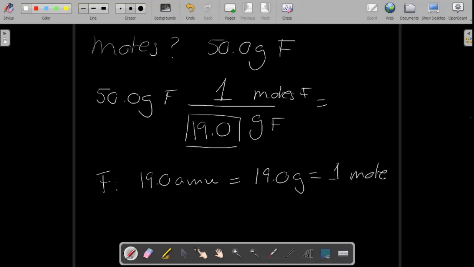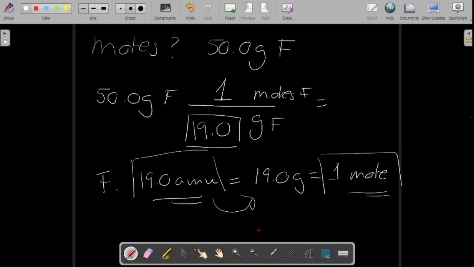So if you have this amount in the periodic table, you have 1 mole of that substance, and those two are equivalent. That's how you do it. And once you have made that reasoning, then you can use your factor label method to convert it. If you do the math here, you'll see that you get 2.63 moles of fluorine. That's your answer.